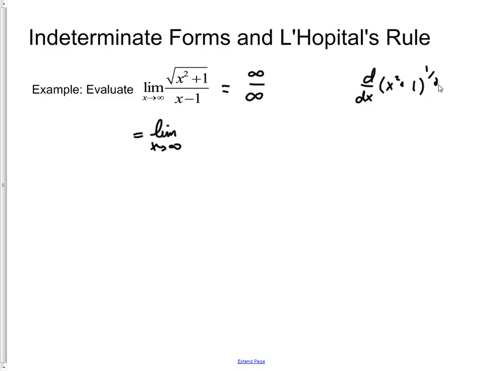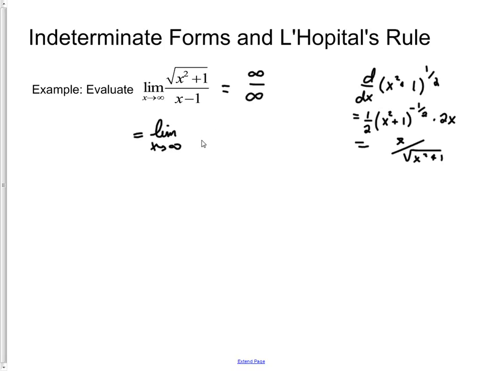So by the chain rule, what's going to happen? We get 1/2 times the quantity x squared plus 1, raised to the negative 1/2, times the derivative of the inside of that function, which is 2x. Rewriting this, we get x divided by the square root of x squared plus 1.